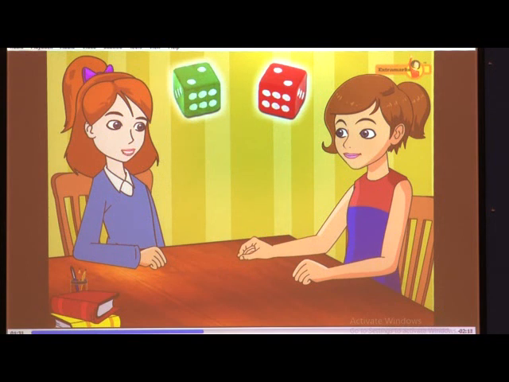I get same number, that is 2 on both the die. What will be the result? Since both the numbers are same, after subtraction we will get 0. Therefore, 2 minus 2 is equal to 0. Now let me throw. Sure.